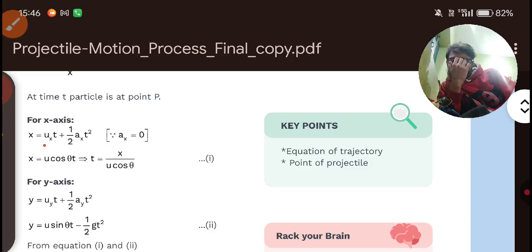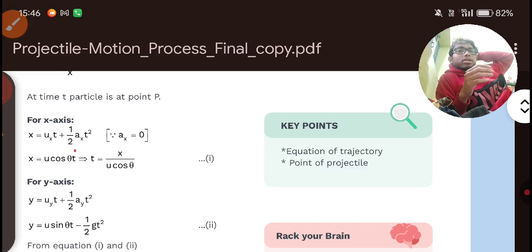Which equation? I would say the second equation: S is equal to ut plus half a t square. So x is nothing but the displacement. As we know, ax is equal to 0, acceleration along the x-axis is 0.